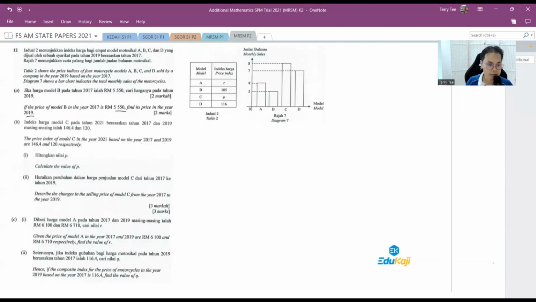Now, if you look at model B, the price index is 105. Okay, so if you want to calculate the price in the year 2019, remember index here, maybe I can write down for you. Again, it depends on how you want to label it, right? So some teachers will tell you use 2019 based on 17 like this.